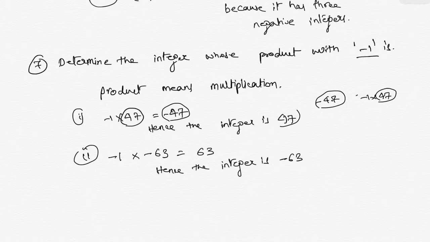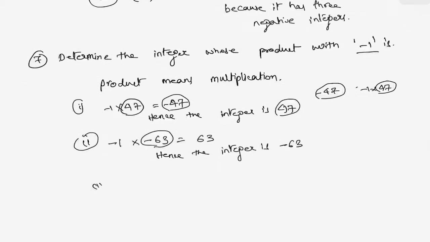To get 63, you have to multiply minus 1 with minus 63. That's why the integer is minus 63. Okay, minus 1. So what should you do to get minus 1? You have to multiply with 1. So minus 1 into 1 is minus 1.